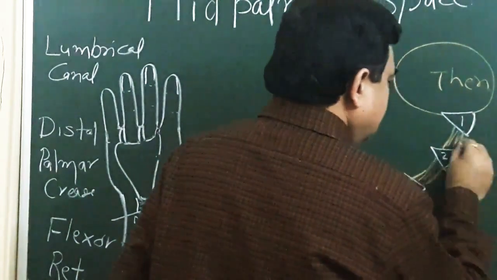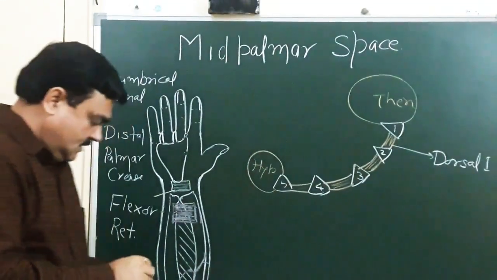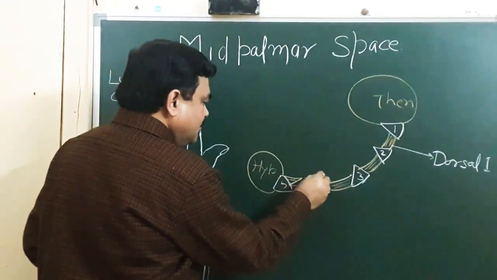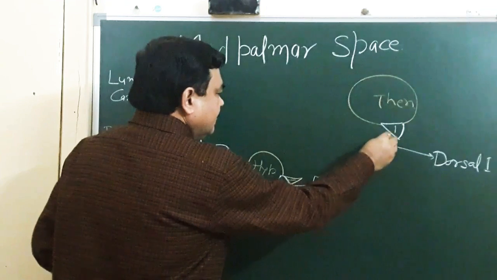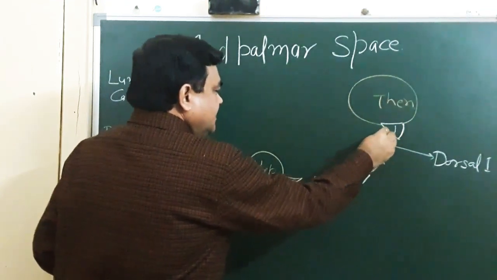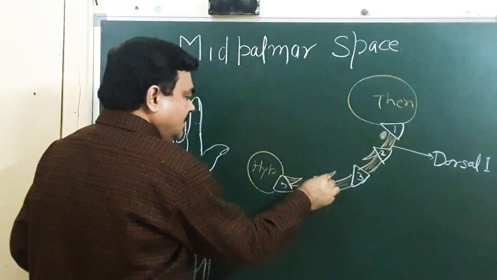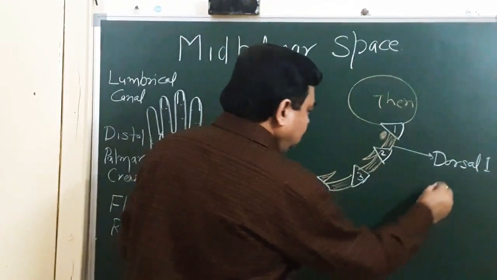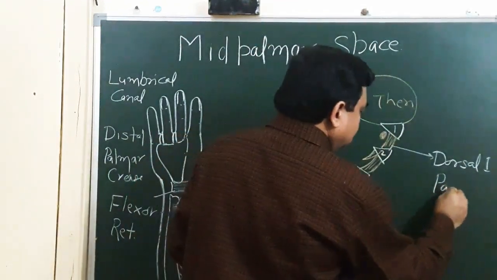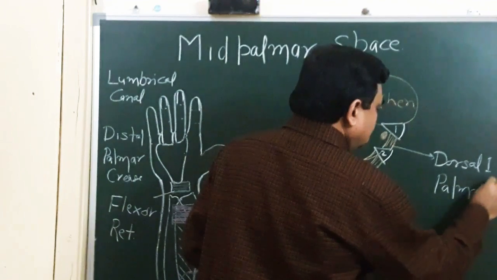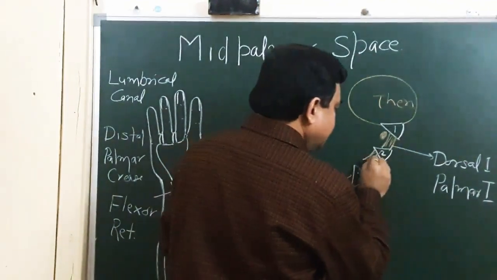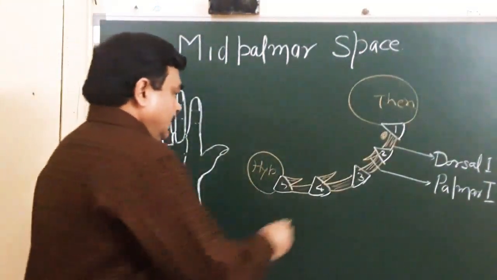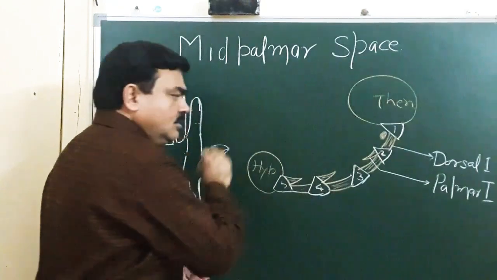Here are the palmar interossei: first, second, third, and fourth palmar interossei.